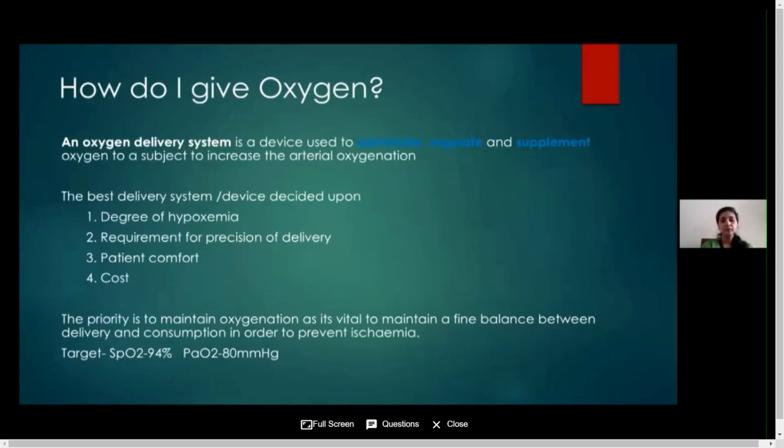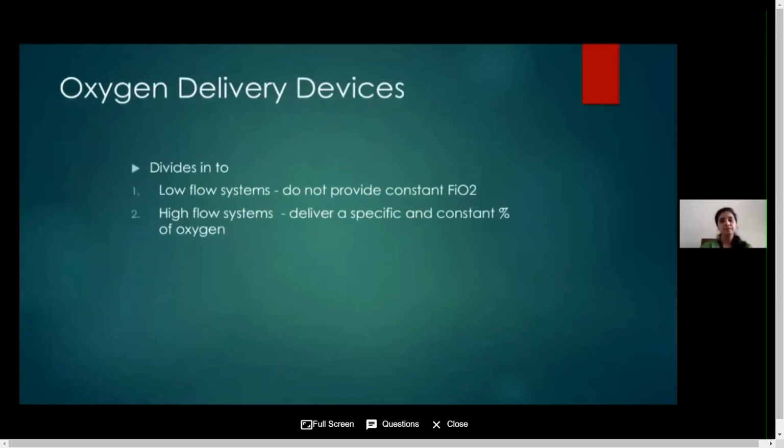And you must remember the priority is to maintain oxygenation, as you need to maintain a fine balance between the supply and the demand of this patient in order to prevent ischemia or further ischemia in your case. And you must target a saturation of 94% and also an oxygen PO2 of 80 millimeters mercury.